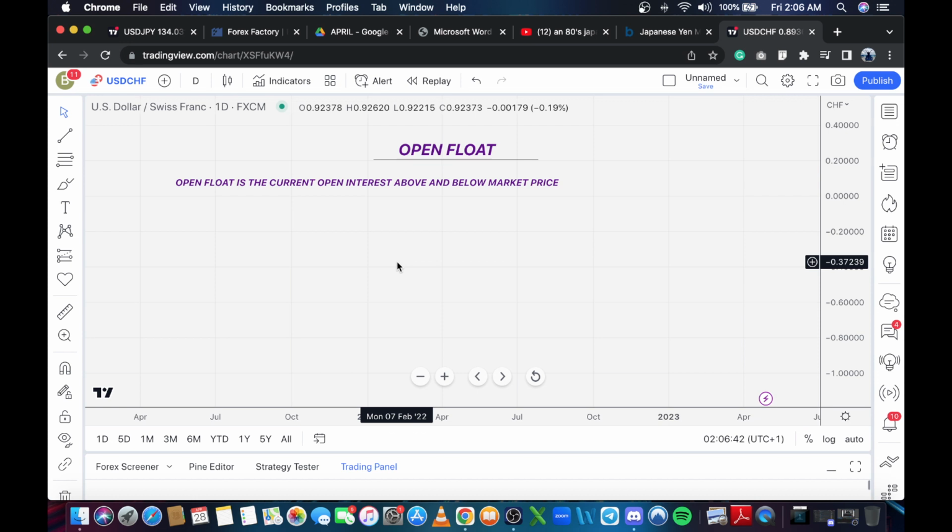When we talk about open float liquidity, we simply mean the total open interest of market participants that are in the marketplace or hope to be in the marketplace, depending on where price goes relative to their pending orders.